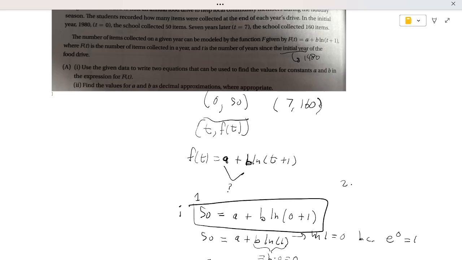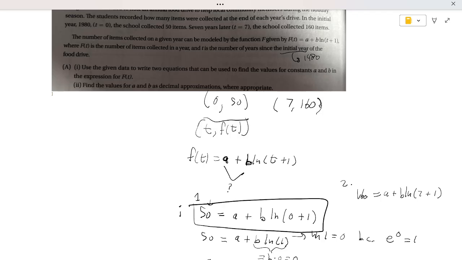If you have a second equation, that would look like f of t, which is 160, is equal to a plus b natural log of 7 plus 1, because it's time of 7, we're plugging in t equals 7.